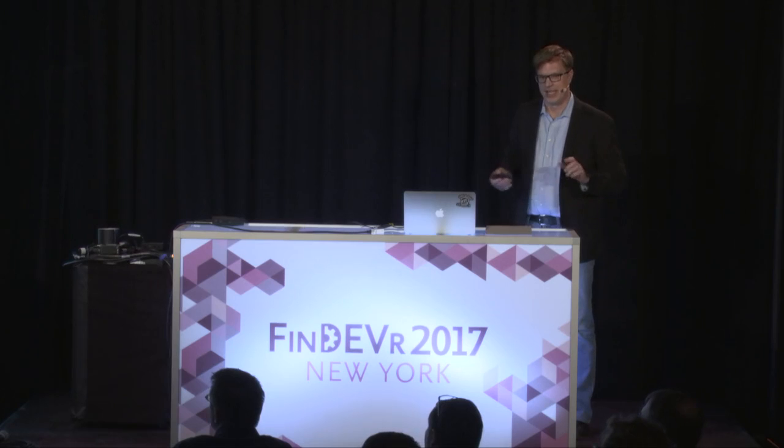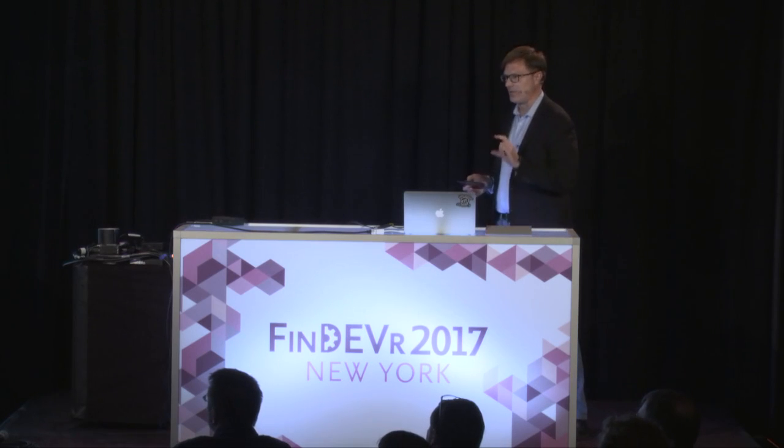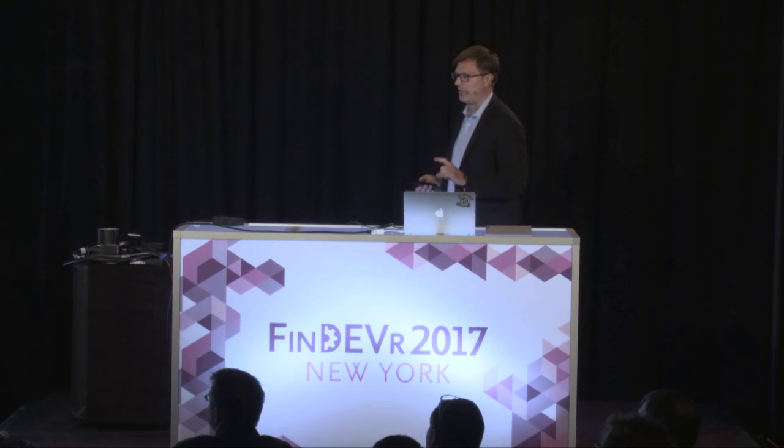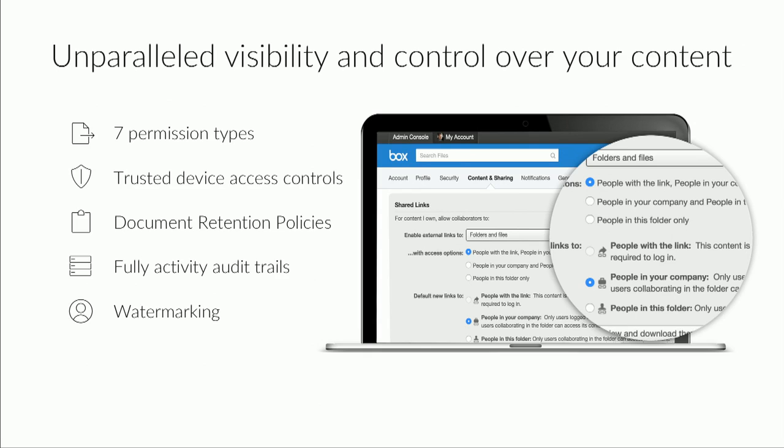All of those things in one platform really, again, help you not have to build out those individual components as you're building out applications, particularly its content layer. We have a very granular security model with over 7 different permission types, and it's fully auditable and includes functionality like watermarking if you have particular intellectual property that you want to protect from a viewing context.